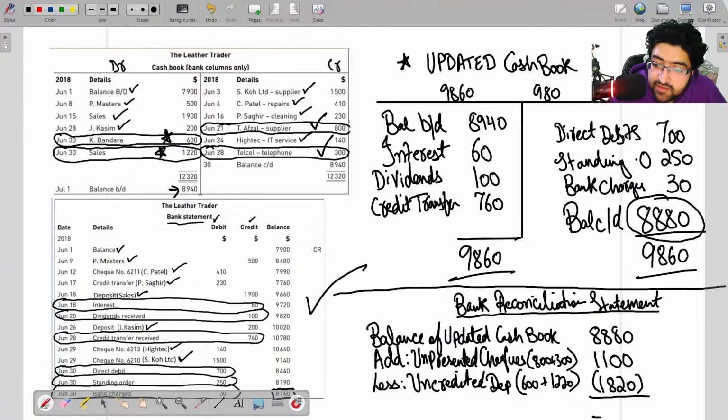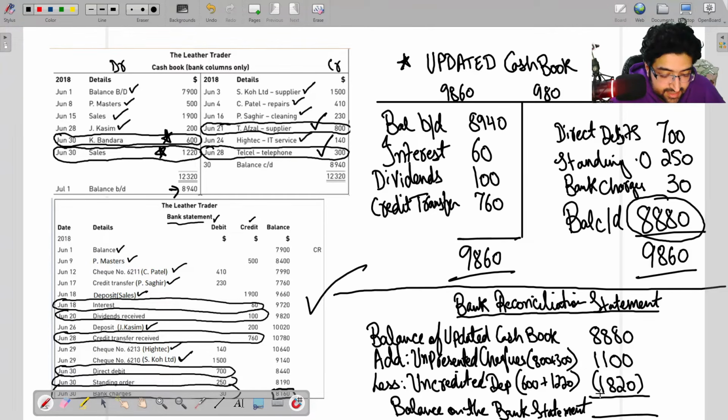Once I do the working for this, what should I get? I should get balance on the bank statement. Okay, let me do the working. 8880 plus 1100 minus 1820.